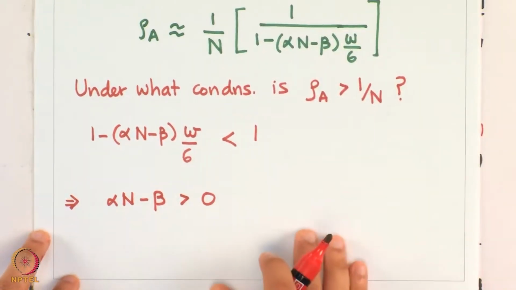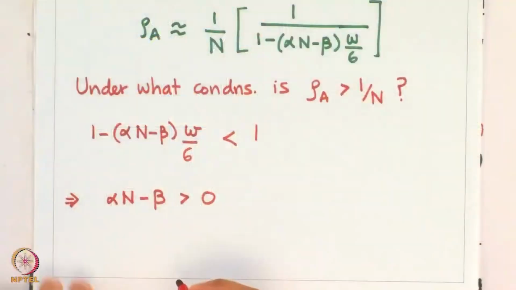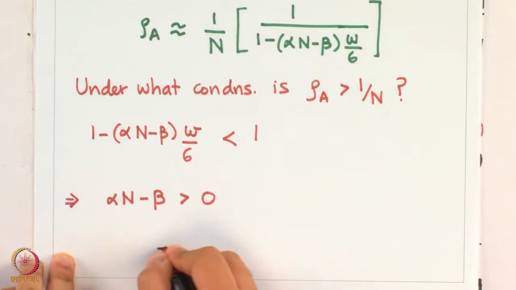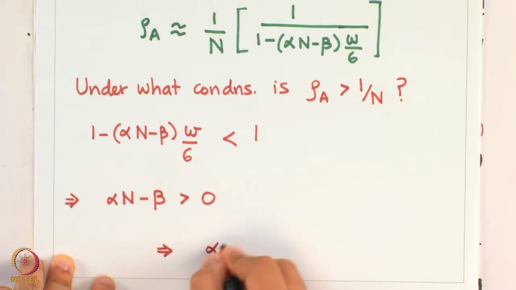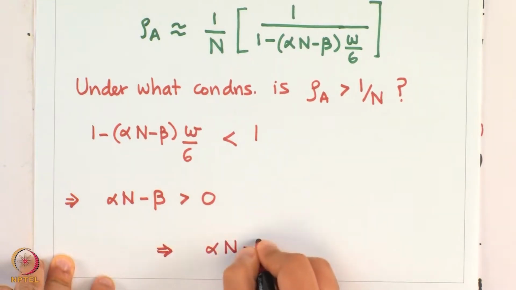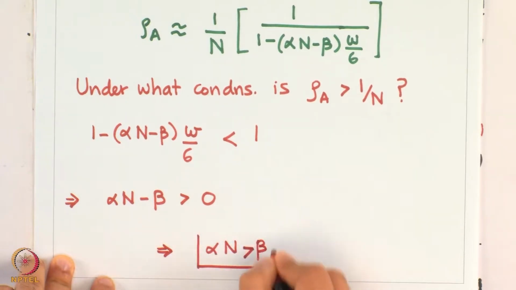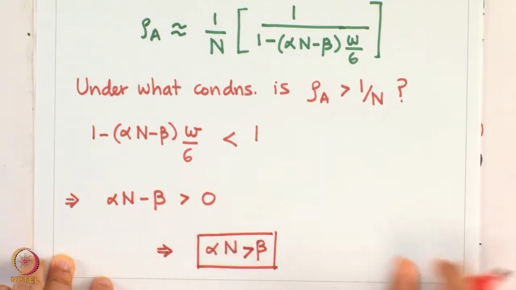So we have to find out the conditions under which this quantity holds. This implies that rho A is more than 1 by n when alpha n is greater than beta. That is the condition that I have to work under.